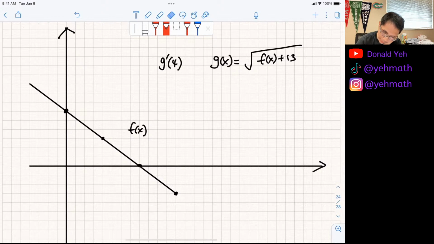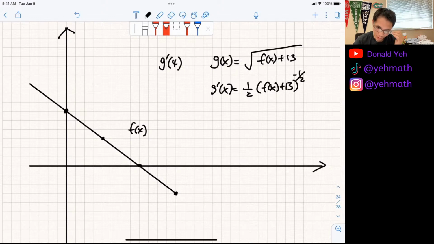So I'm going to start by taking the derivative of g of x. So g prime of x. Do you get 1/2 times f of x plus 13 to the negative 1/2 first? You times by f prime of x. Everybody got that? Plus 0, of course, but 0 is not going to count.